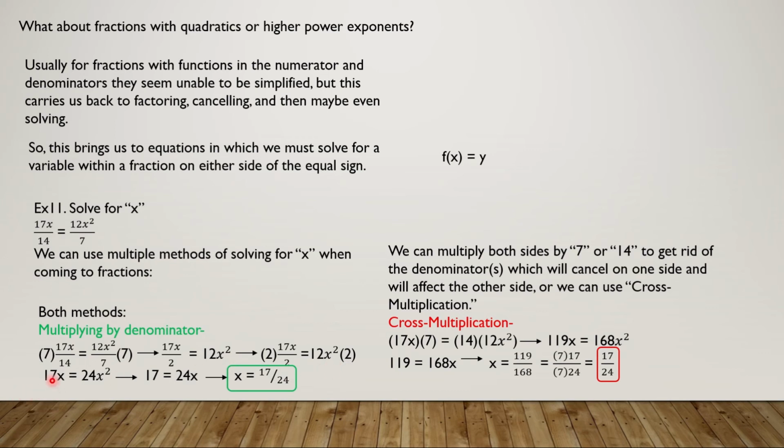That simplifies to 17x equals 24x squared. Now we also see that there's an x on both sides, so we can divide both sides by x, cancel them, and it becomes 17 is equal to 24x. When we solve for x, we just divide both sides by 24 and we get 17 24ths.